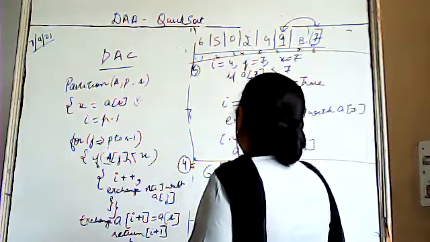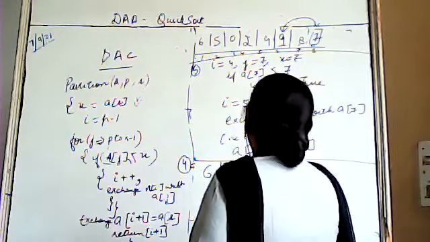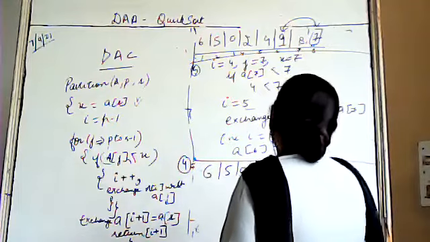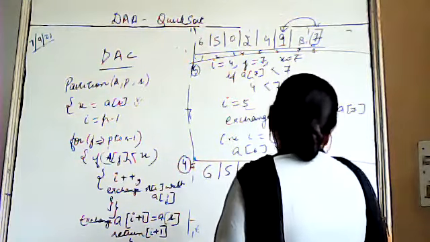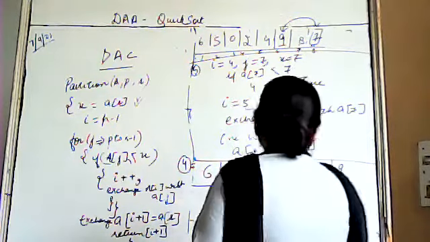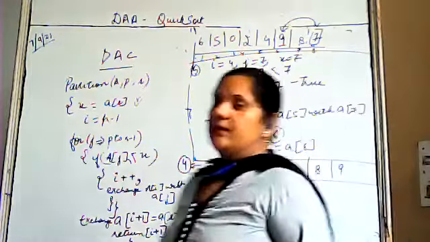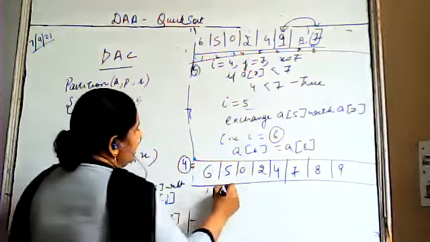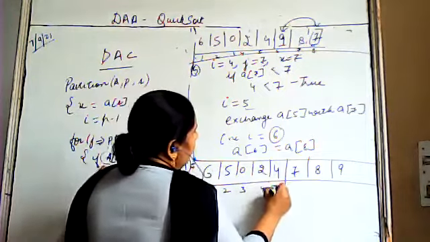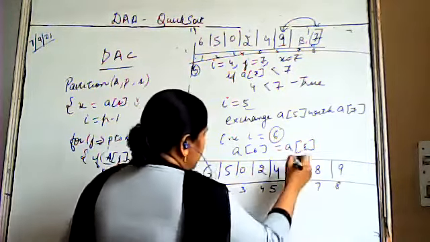6, 5, 0, 2, 4. Now 7, 8 and 9. Now please note it carefully. 1, 2, 3, 4, 5, 6, 7, 8.